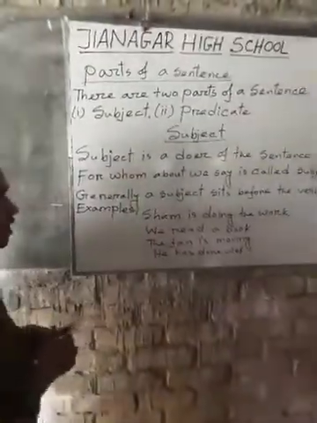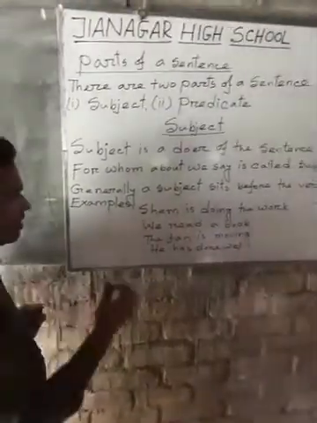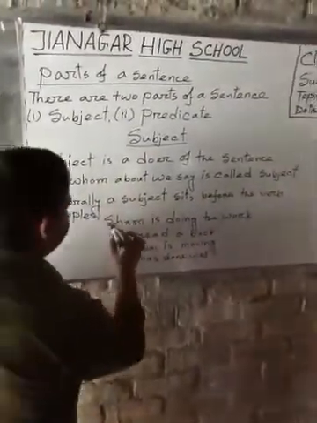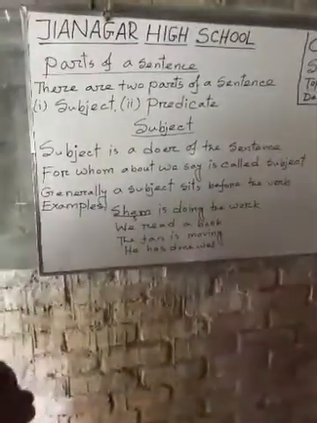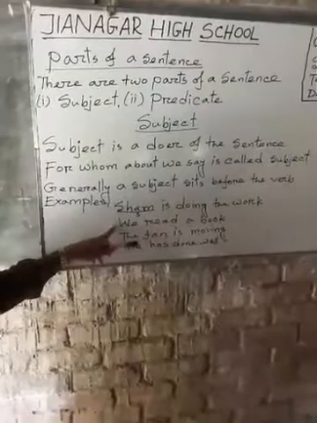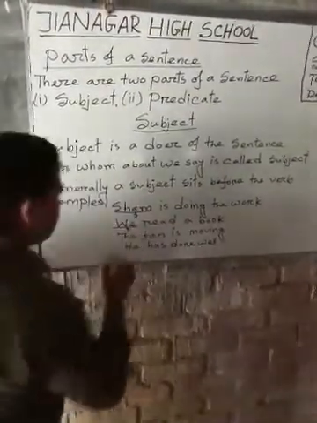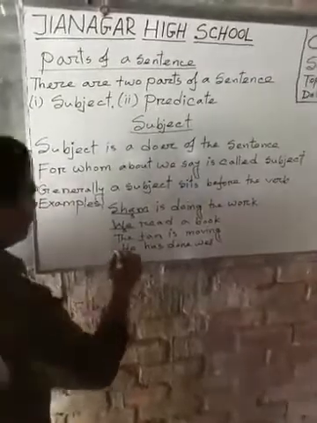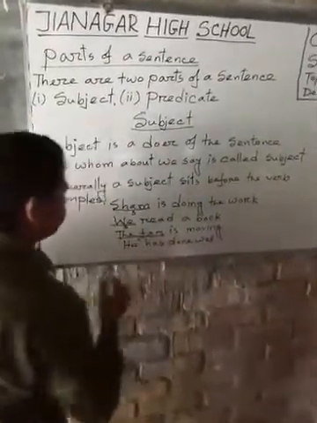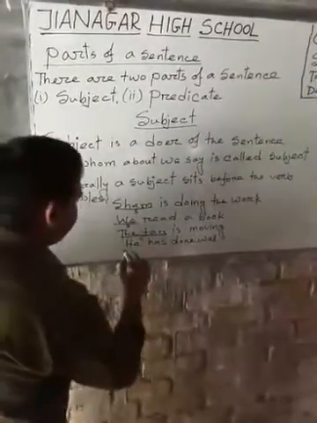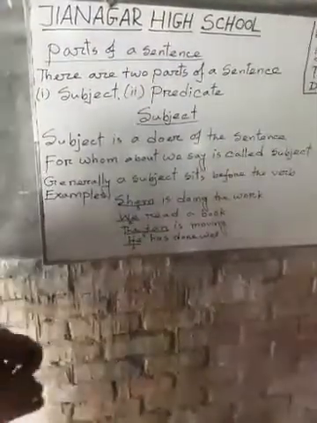Sam is doing the work. Here, what is subject? Which one is subject? Sam is here subject. The next sentence, which one is subject? In next sentence, the fan is subject.